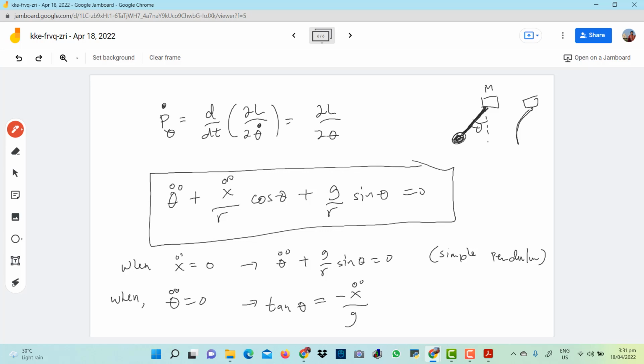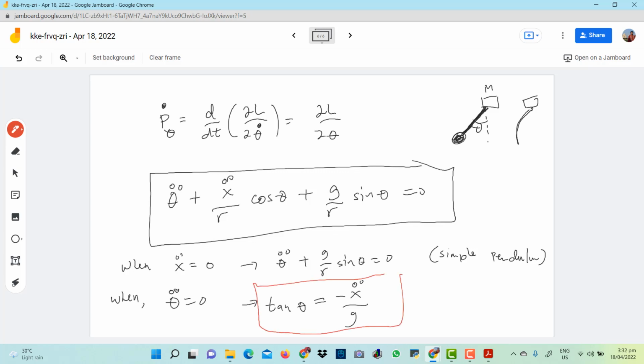Okay? So if you don't want your pendulum to move, then you should take this average, minus x double dot over g. Okay? That's your theta.